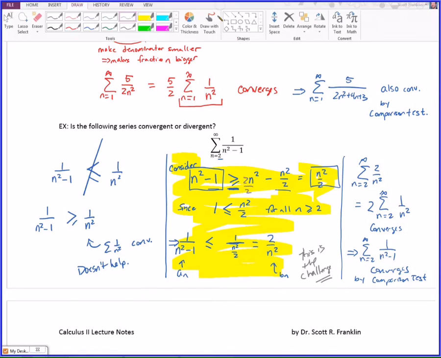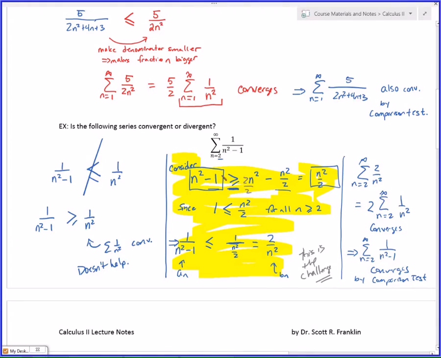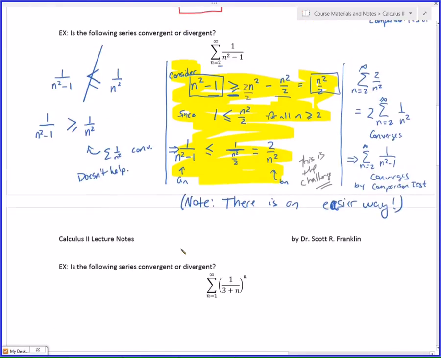When we get into higher mathematics, we use that kind of stuff a lot. But the good news is there's an easier way. You don't have to write this down, but you can write it if you want to, and it's coming at the end.